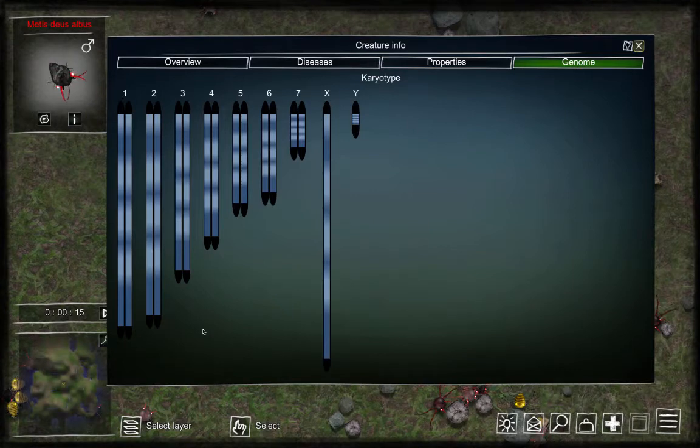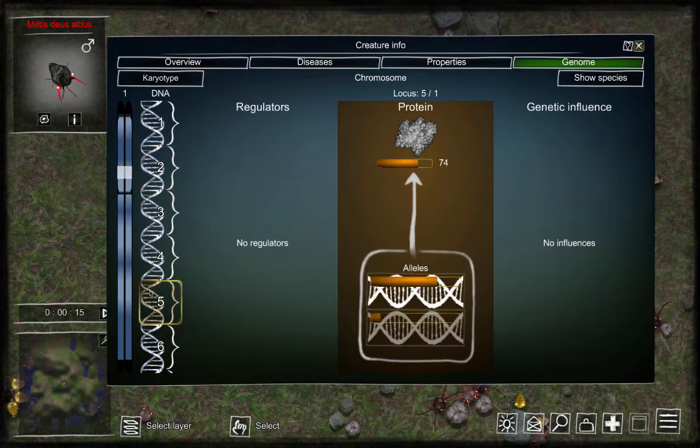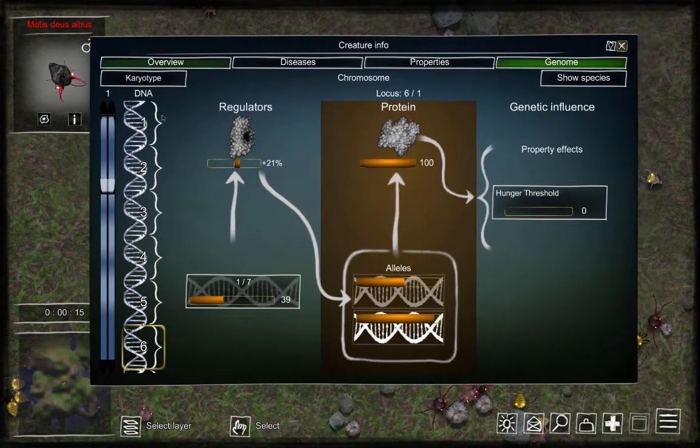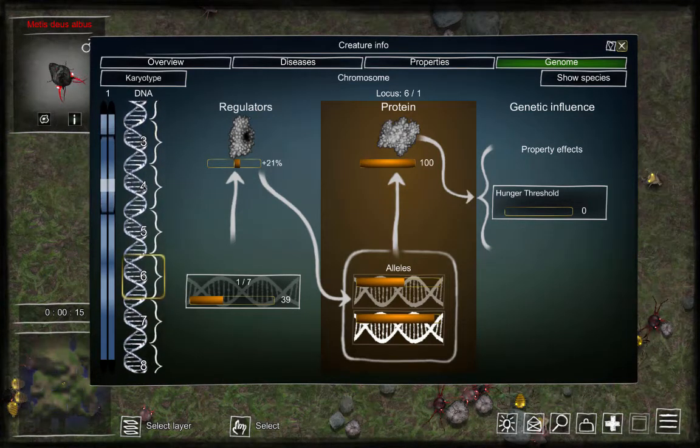Let's choose one chromosome and take a closer look. The chromosome is always one long DNA strand, or DNA double strand. It is presented here. And DNA has numbered segments, and the genes are located in these segments. In biology books, one segment is called a locus.